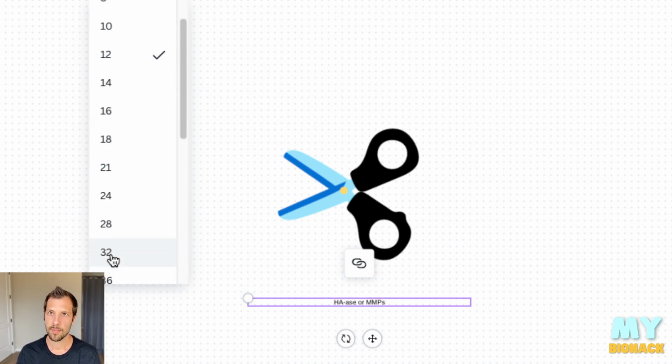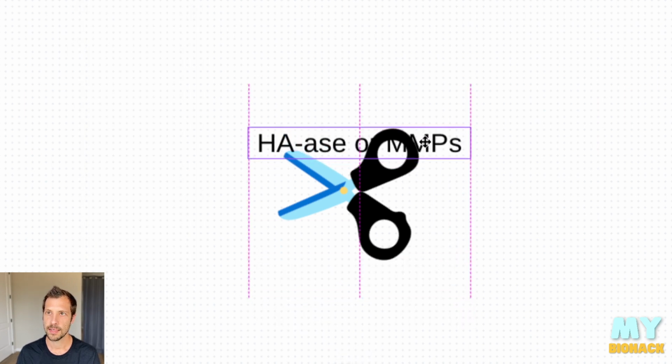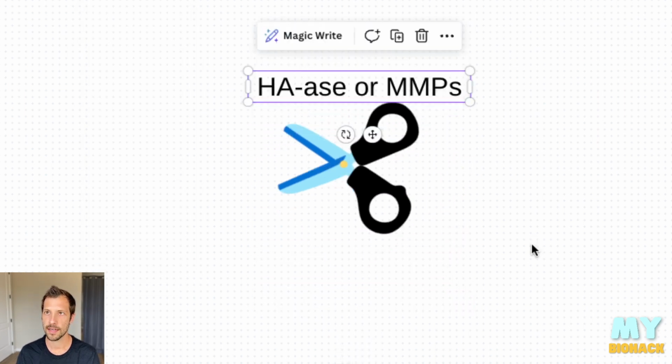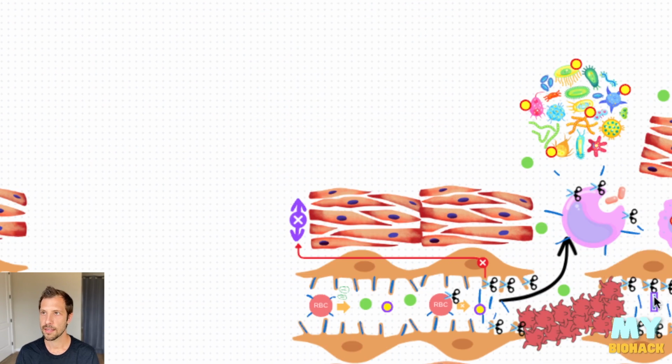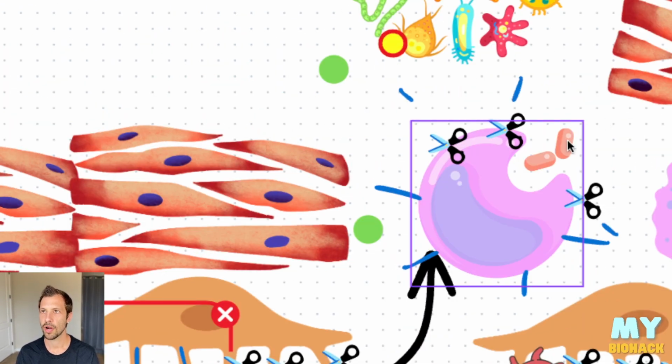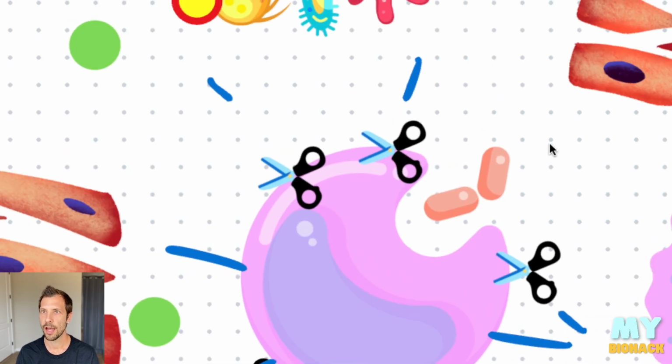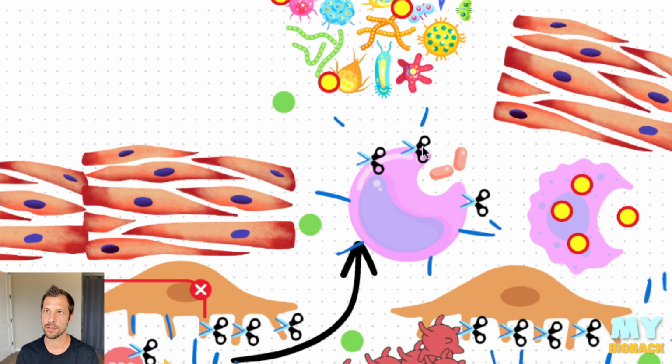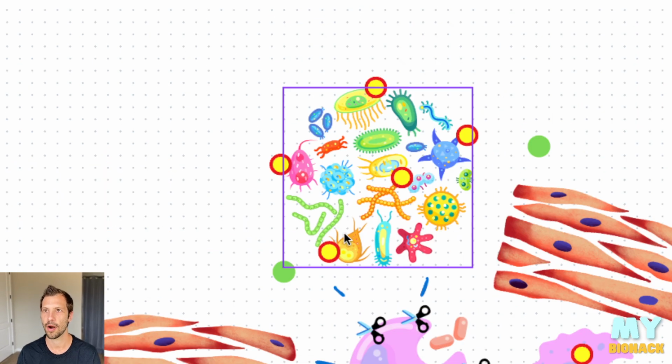Hyaluronidase and matrix metalloproteinases are able to cut into these things. The point of cutting into this is so that these phagocytes can get past the tight junctions. They can create an electrostatic charge and be able to bind to them. But there's collateral damage that happens to us in the process.